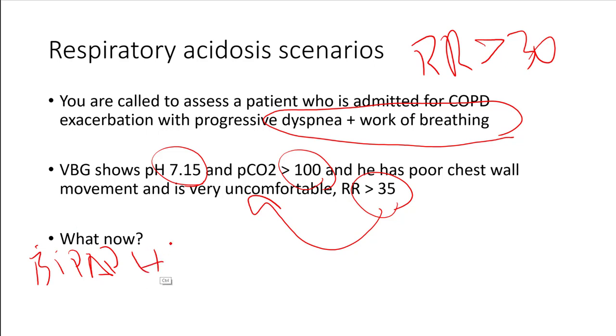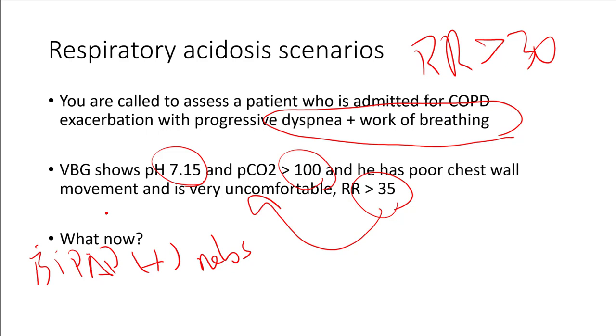But you're also going to do some nebs. In a case like this, I would blast this person with 3 duo nebs back to back to back. That's what you would do in the ER if this person rolled in under the same circumstance. And in a case like this, there's much more gray in the middle between someone who's doing fantastic and someone who's crashing like this.